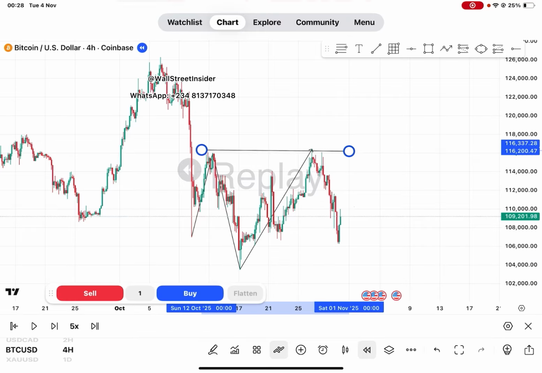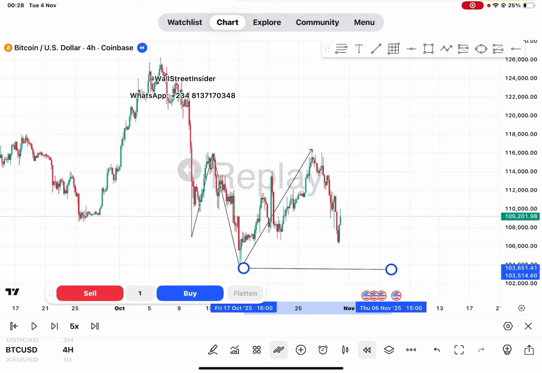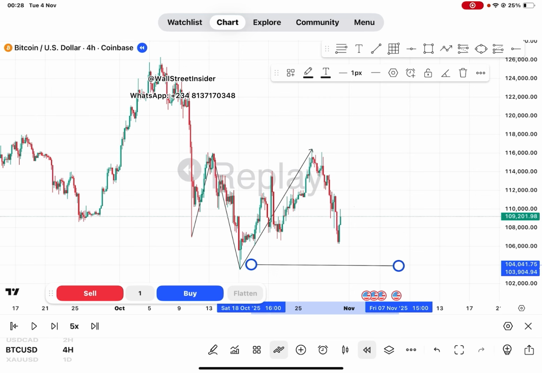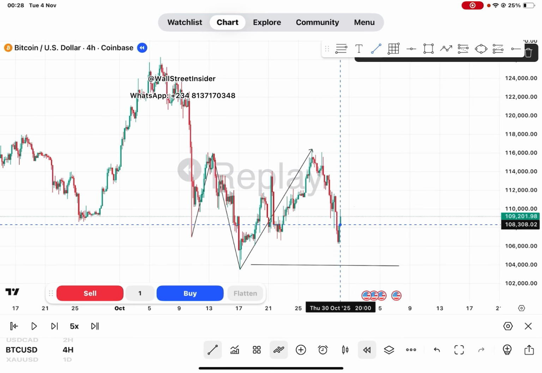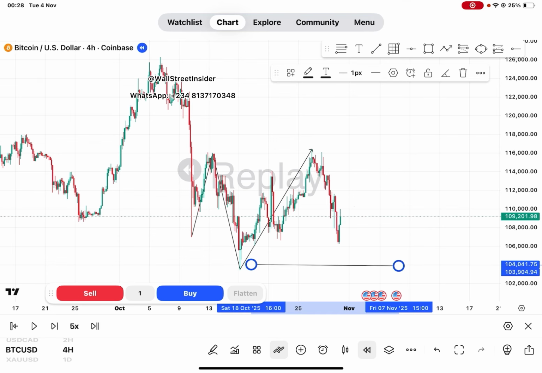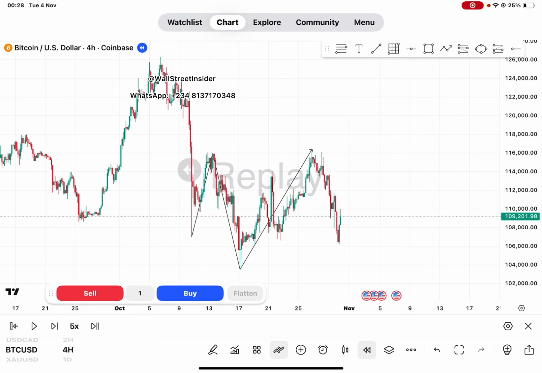Since price was unable to close above the previous high, I had it in my mind that I was going to target this next liquidity. I've been selling BTC USD from this level till this level. So when I saw that, I knew I was going to sell BTC USD. I wasn't looking for a buy.